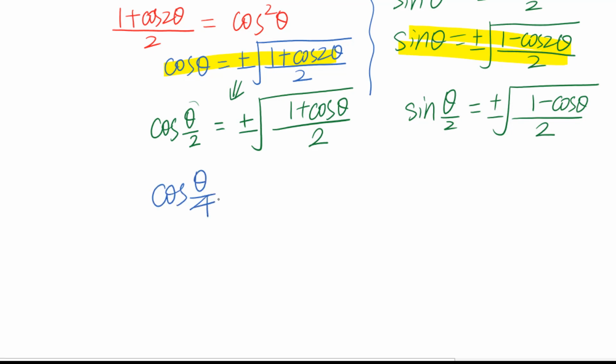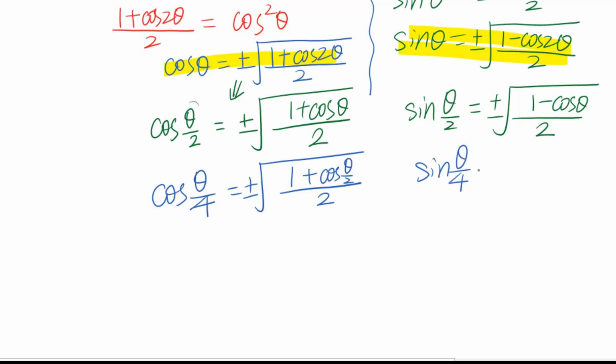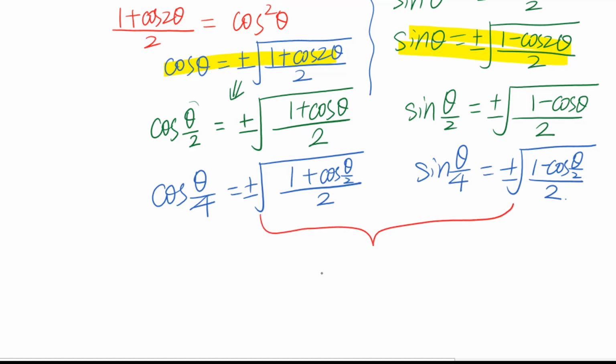Cosine theta over 4 equals plus or minus square root of 1 plus cosine theta over 2, then over 2. Sine theta over 4 equals plus or minus square root of 1 minus cosine theta over 2, then over 2. From these half-angle identities, as long as you know cosine, you can get the trig function of a half-angle.